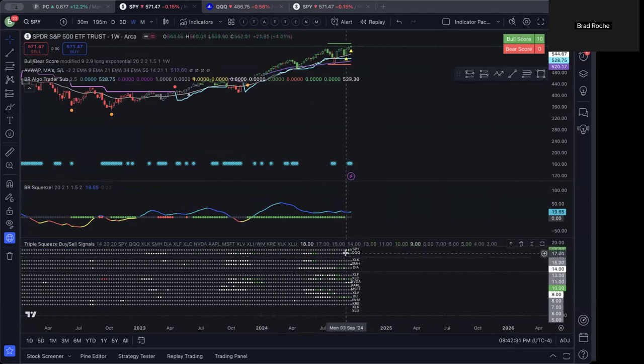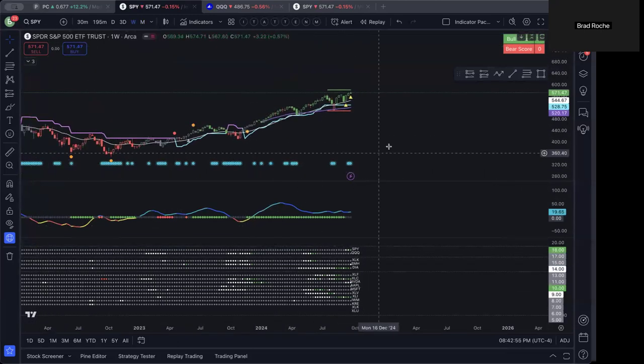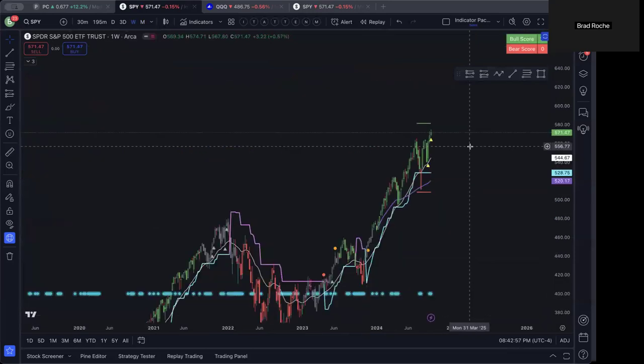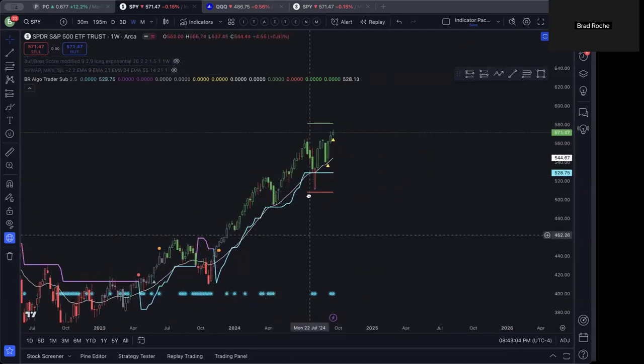And you can see here, you can use this in conjunction. So the bull score, the anchored VWAP, moving averages, stop loss indicator, the bull and bear score, the custom squeeze indicator, which you can change all the colors how you feel like you need to, and then this multi-stock buy and sell signals indicator as well. So all of this comes with the lifetime package, everything you see on the chart. If you're just doing the subscription, it's going to look like this, and you're going to have this right here.